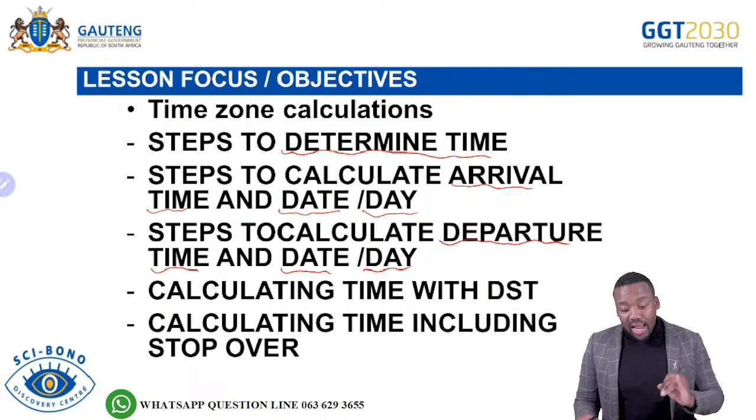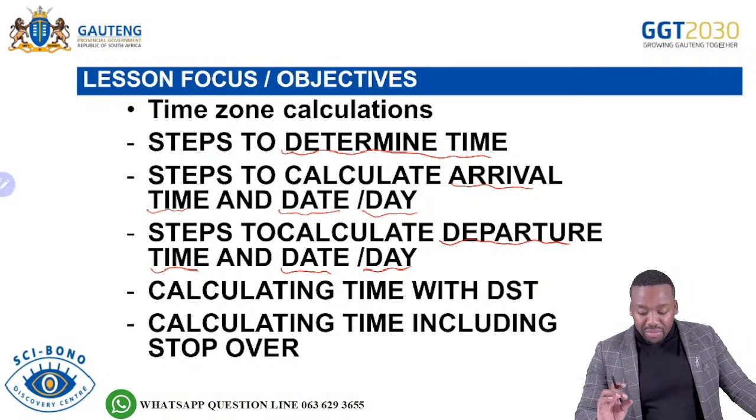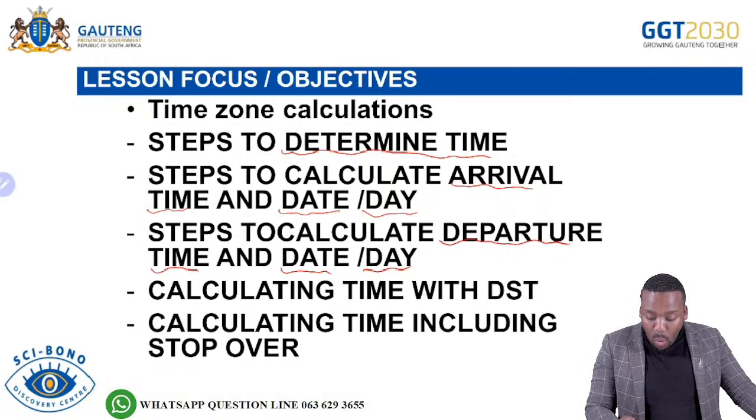Remember, a date is the day, the month, and the year. Learners forfeit marks by not reading everything in terms of the examiner's instruction, in terms of what it is that you must calculate. Then we will move to calculating time with DST.